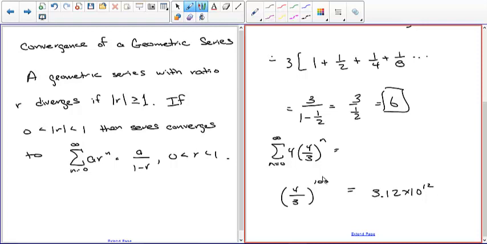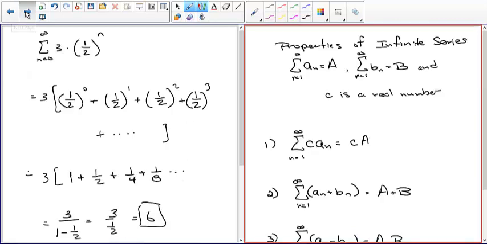Okay, so that's one of the convergence criteria. It's actually the only one that will allow us to predict what the answer is, unfortunately. The other ones just tell us whether it converges or diverges. Now we have some rules that are kind of like integral rules, except we're using summation.